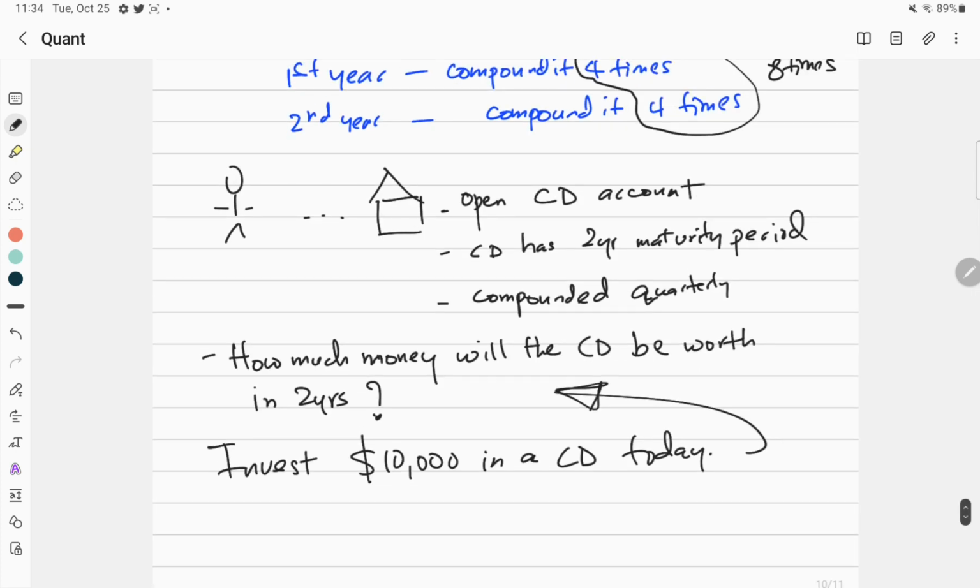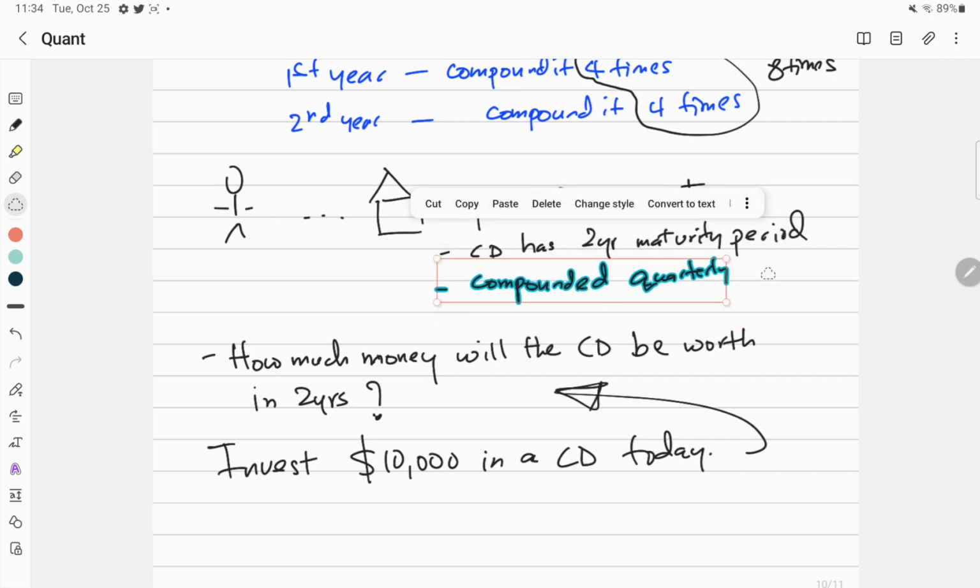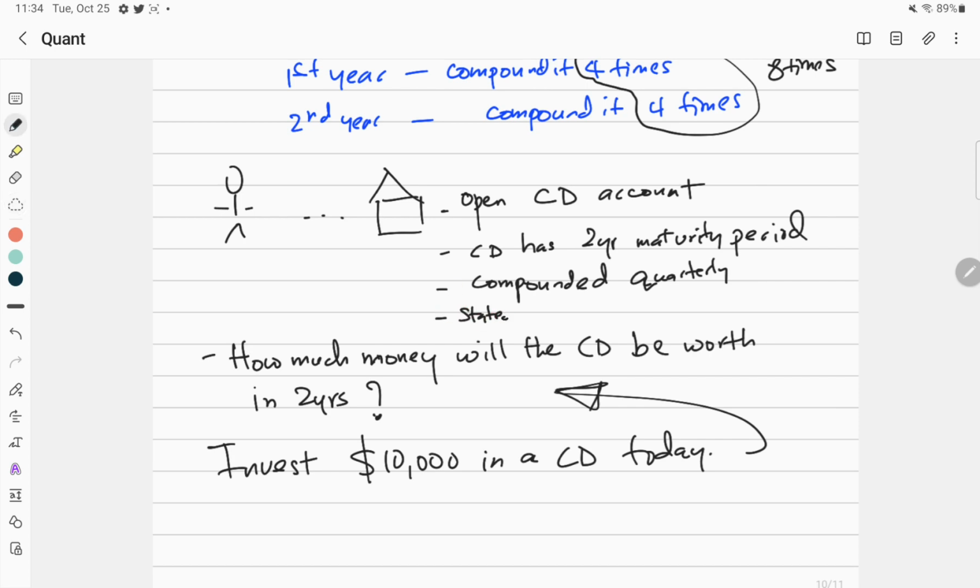And of course, they say here, compounded quarterly, and the stated annual interest rate, I forgot that, a stated annual interest rate of 8%.